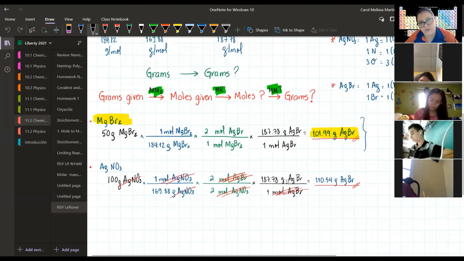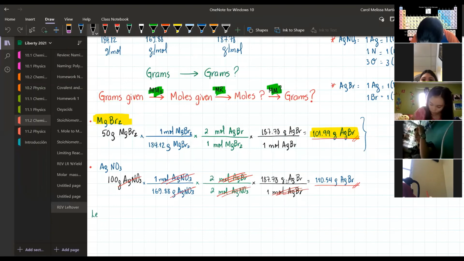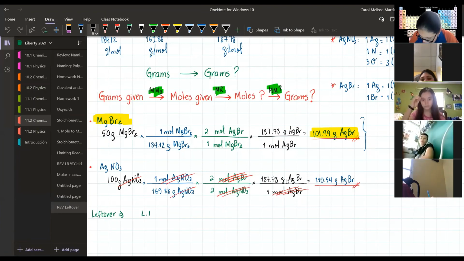So what do we do in order to get the leftover? That's the part I care about. For the leftover, remember what I explained during the video. In the leftover, you have to relate the limiting reactant against the excess reactant. So you begin with your limiting reactant.